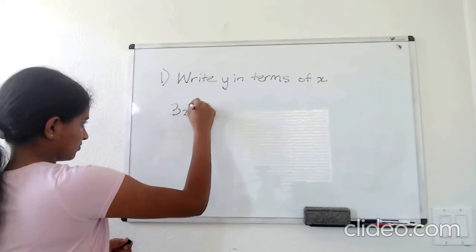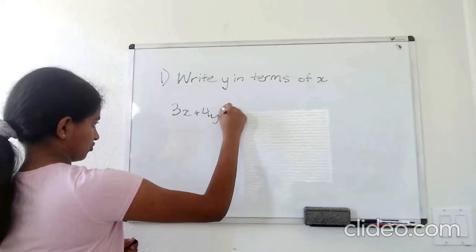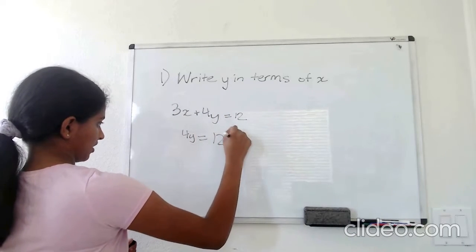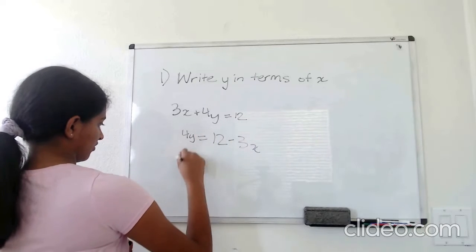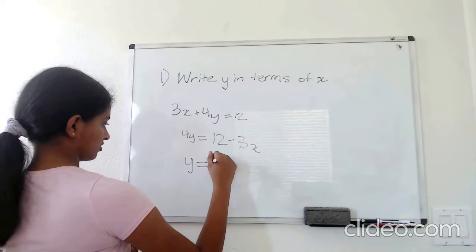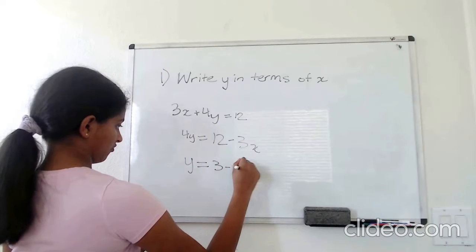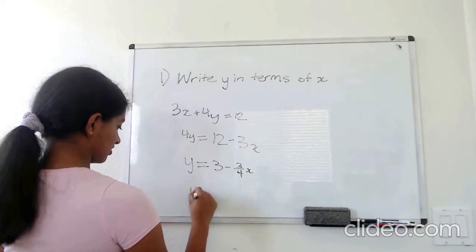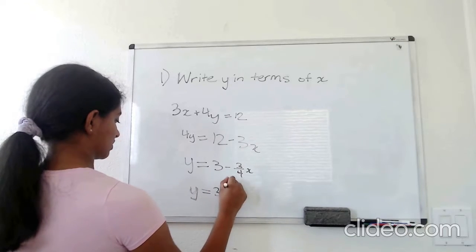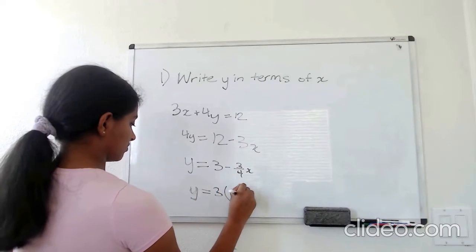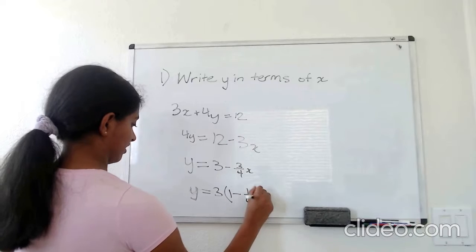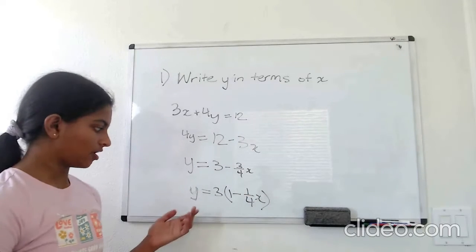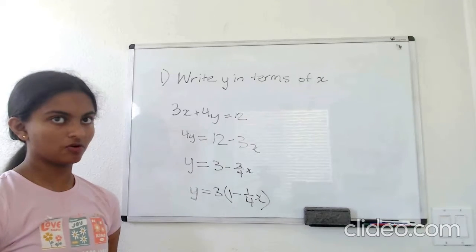If 3x plus 4y is equal to 12, then 4y is equal to 12 minus 3x. And y is going to be equal to 3 minus 3/4 x. Or if you wanted to write that just a little differently, y is equal to 3 times the whole of 1 minus 1/4 x. Great, that wasn't too hard.